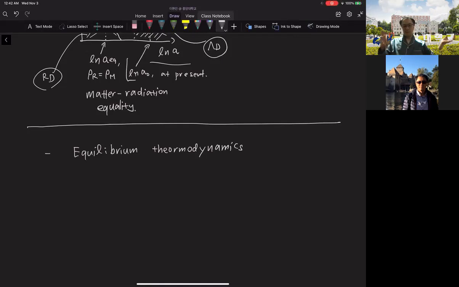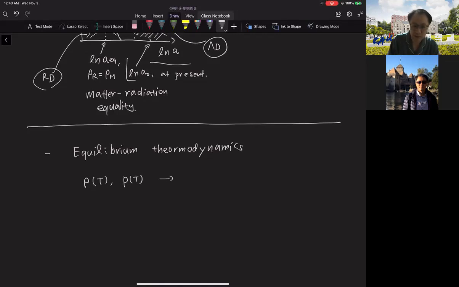So when the particles in the system are in thermal equilibrium, they share a common temperature, and then we can define the average number density, the average energy density, the average pressure, etc. Energy density and pressure are all functions of temperature.